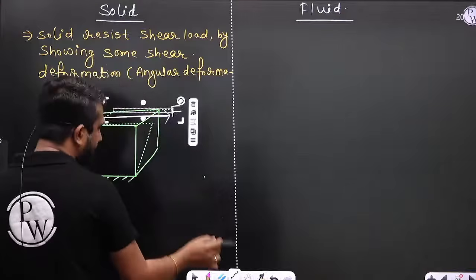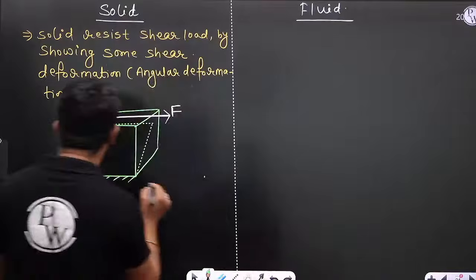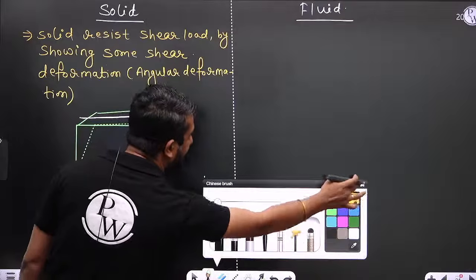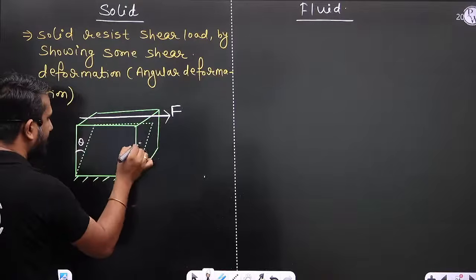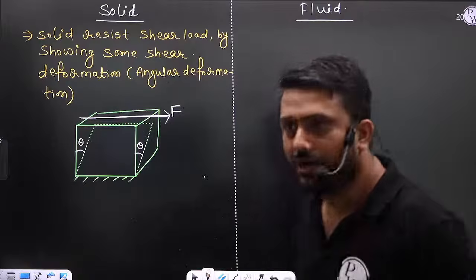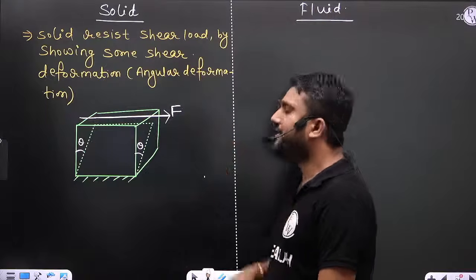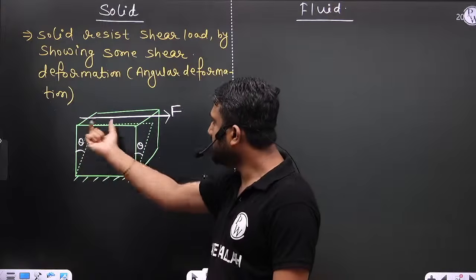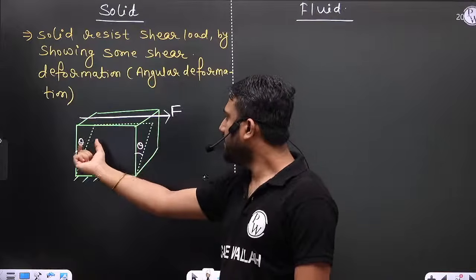This is the angle theta. So the solid resists the shear load by showing some shear deformation, and the shear deformation is nothing but the angular deformation. So this solid object is showing some angular deformation like this.